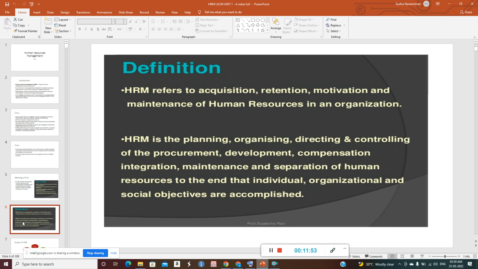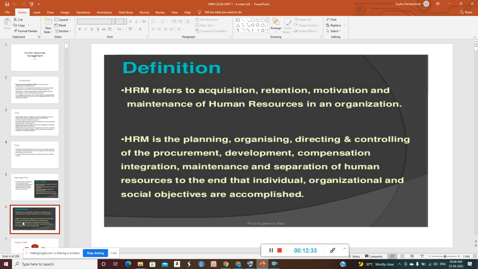Compared to the previous definition, we are able to get much more insight. So motivating the employees is important, because you need to have a stable and talented workforce. Maintenance of these human resources in organizations is a difficult task because there are a lot of opportunities available as things grow in the external environment.